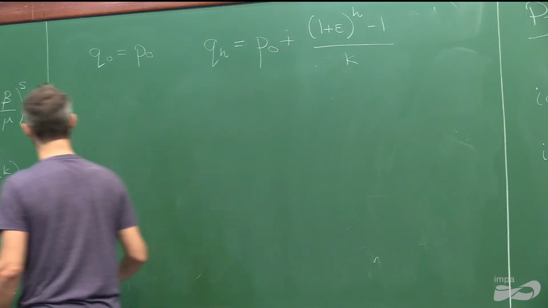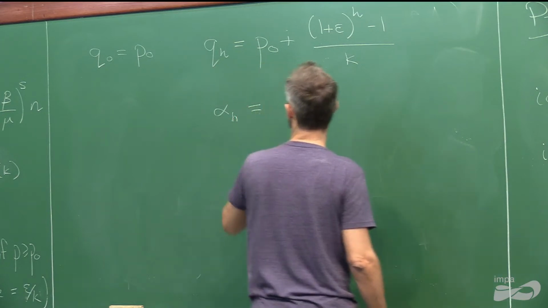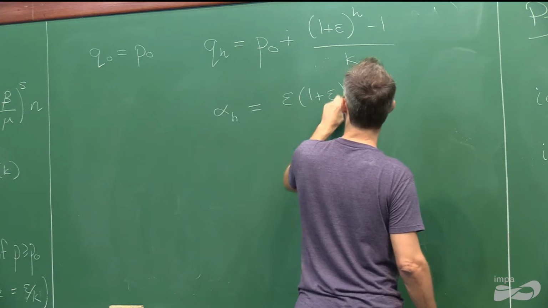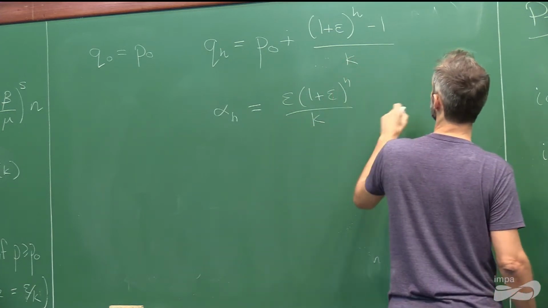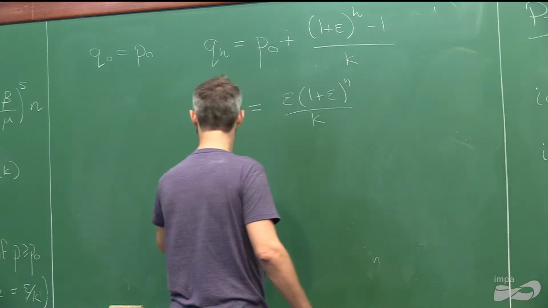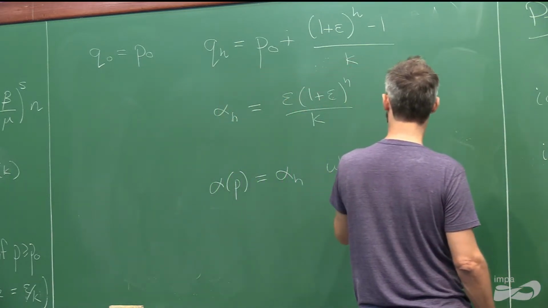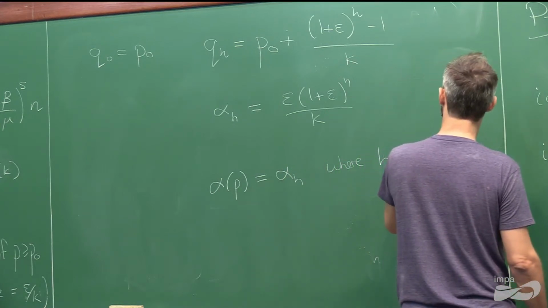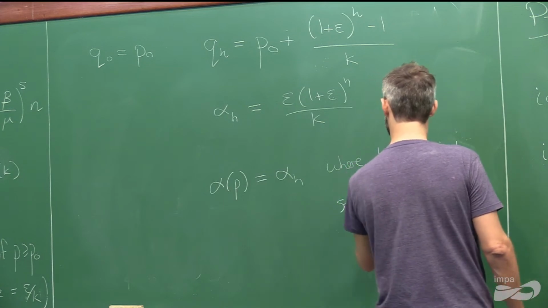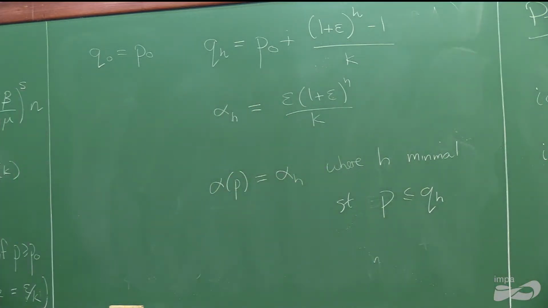So if you like, you can think of alpha h as being epsilon (1 plus epsilon)^h over k, and then alpha of p is alpha of h, where h is minimal such that p is at most qh. So you just see between which qh and qh minus 1 p lies, and that tells you what h is.